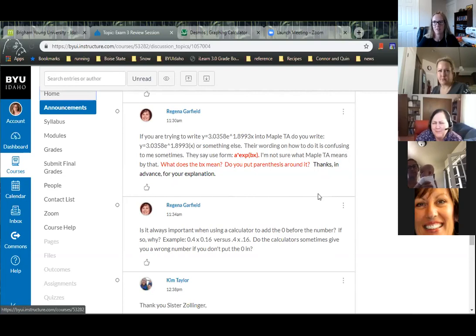It should treat it the same way whether you have that 0 or not. And most calculators, it won't matter. You may end up with a picky calculator sometimes where it will insist on having that 0, but I think most of them now, it doesn't matter. You get the same. I just wondered because I noticed everybody does it but me, and I'm thinking there might be some reason.